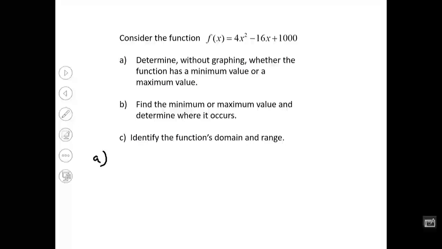We notice that in the function, a is 4. All right, a is equal to 4. So it's greater than 0, so since a is greater than 0, the parabola opens upward.